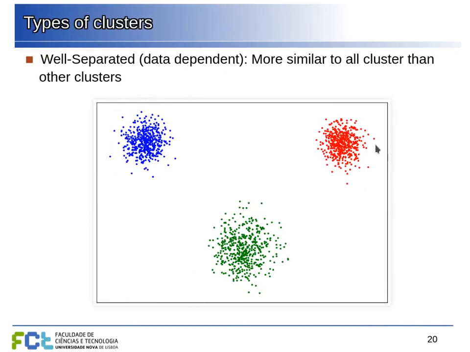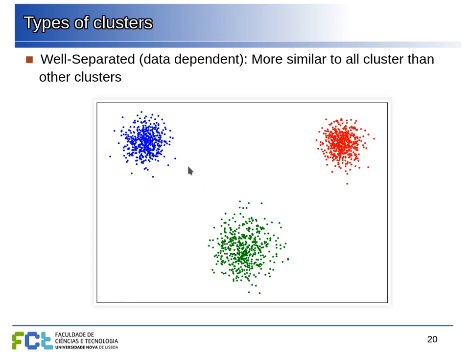Then the data itself may impose some constraints on how we can find meaningful clusters. In some cases, we have well-separated clusters in which the members of each cluster are more similar to all other members of a cluster than to members of a different cluster.